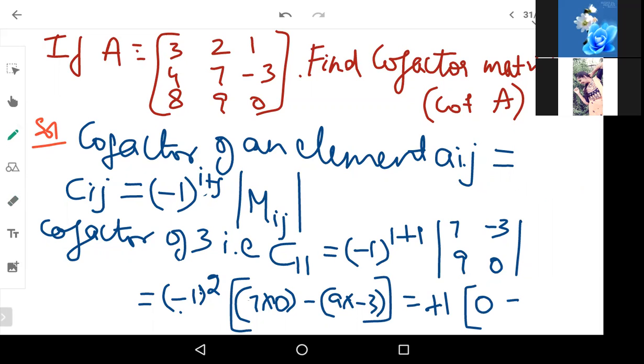Then minus 9 threes are 27, so -(-27). Therefore the answer will be +27. This is the cofactor of 3. Did you all understand the first one, the cofactor of 3?